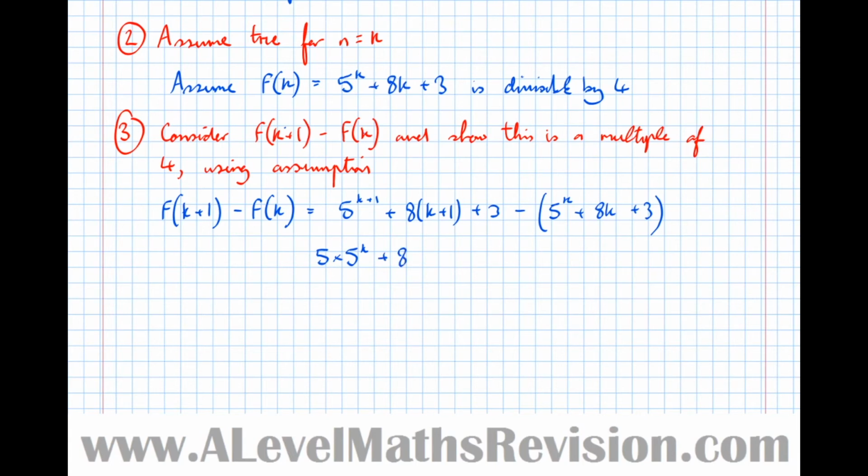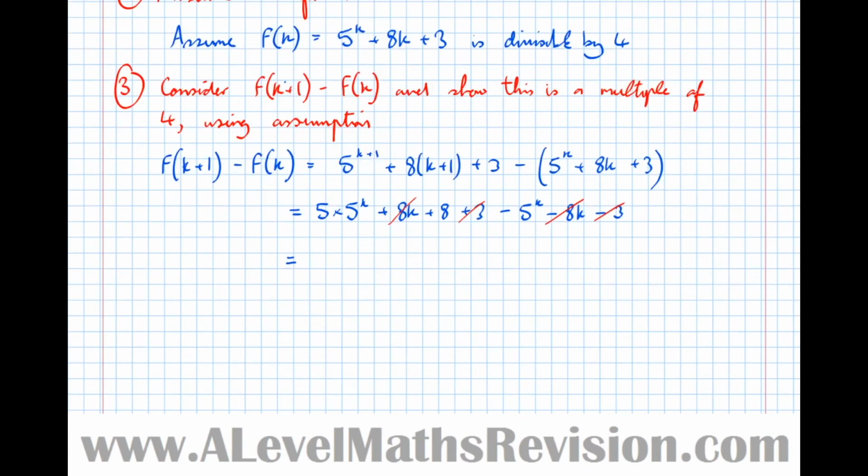So simplifying further, plus 8k plus 8 plus 3, take 5 to the k, take 8k, take 3, and a bit of simplifying can be done here because the 3, take the 3, disappears, 8k, take 8k, disappears, and here we've got 5 lots of 5 to the k, take away 1 lot of 5 to the k, which is equal to 4 lots of 5 to the k, and then there's a plus 8.